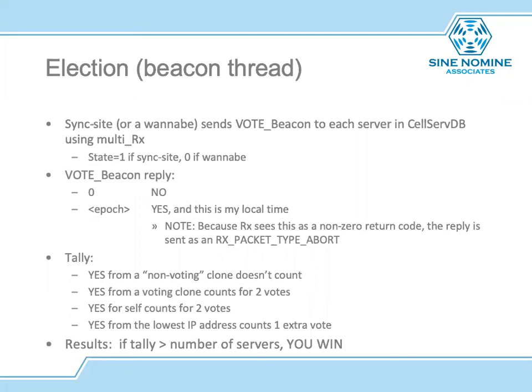But if they do want to vote for them, they send a copy of their local time right now back to the site that's holding the election, I should say. Because remember, this vote beacon may have come from a site that just wants to be the sync site. It's not actually the sync site.